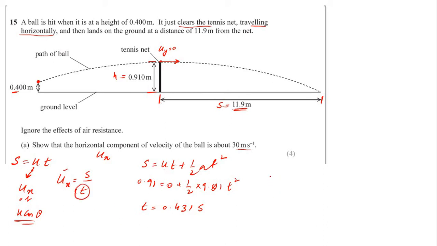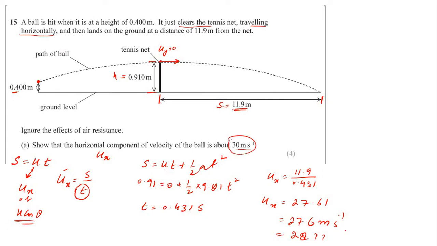This is the time taken, and this time can be used here to figure out the horizontal velocity. So now ux is equal to 11.9 divided by 0.431. That means your initial velocity will be 27.61, or you round it off to 27.6 meter per second, or 28. It's your choice, whatever you leave, because it is about 30 meter per second.